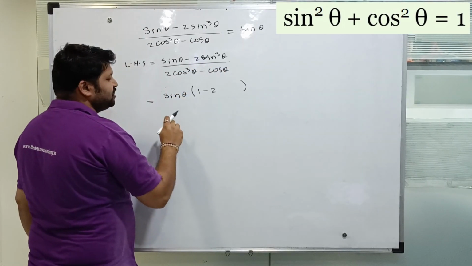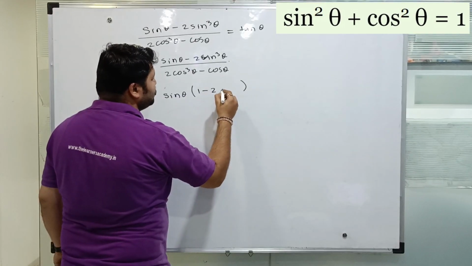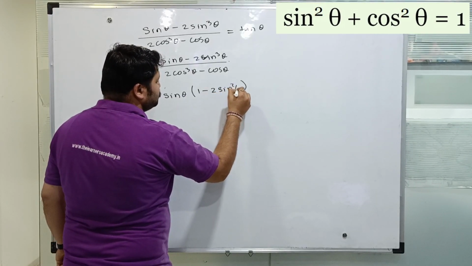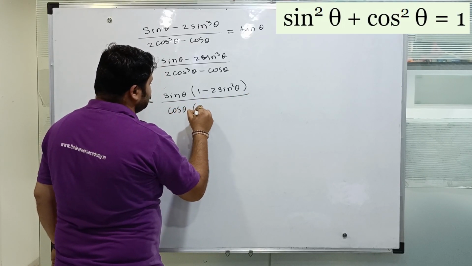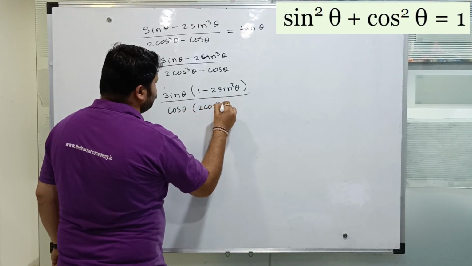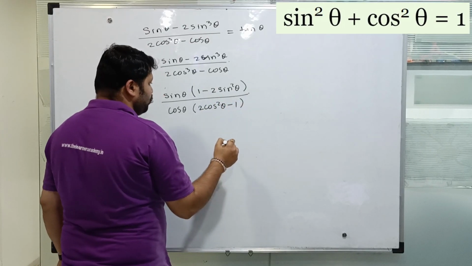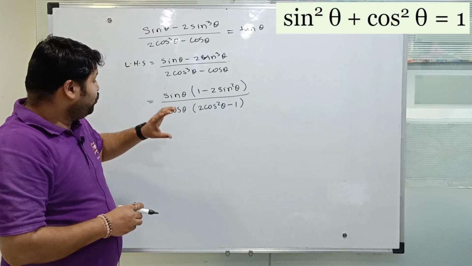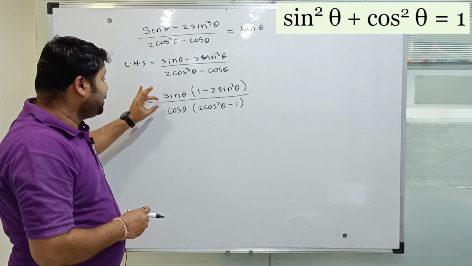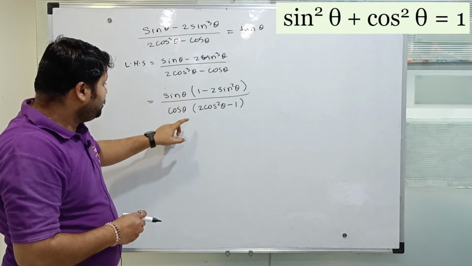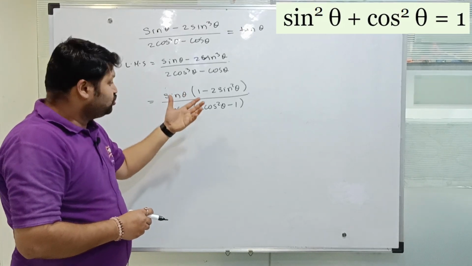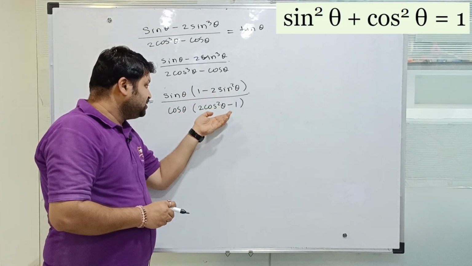So my numerator is sine theta times 1 minus 2 sine square theta upon cos theta times 2 cos square theta minus 1. Now if you look at it, I have got a sine theta and a cos theta. This part here would be equal to tan theta. So effectively I have to cancel these two out.